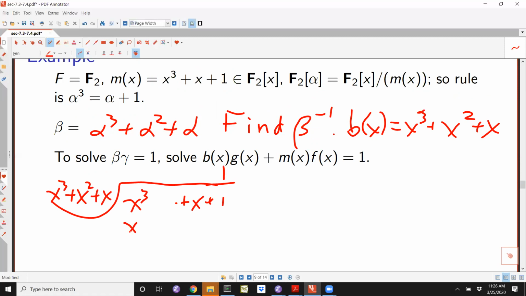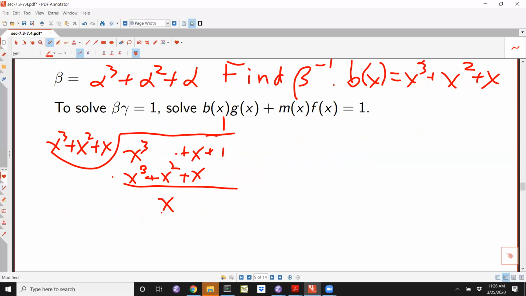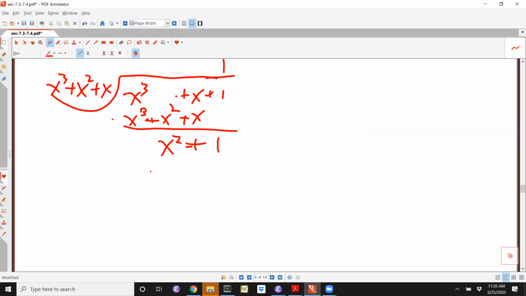And we get x cubed plus x squared plus x. And then we get a remainder of x squared plus 1. Okay, that's the first step.